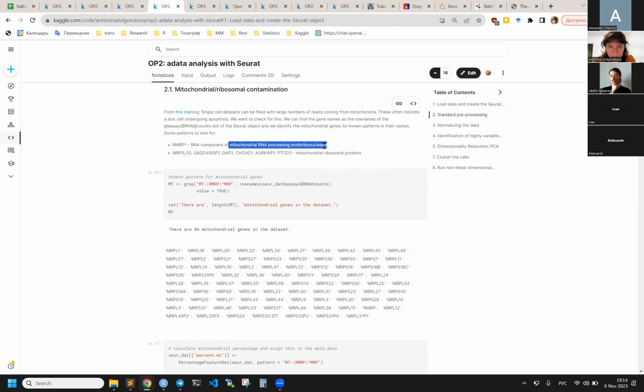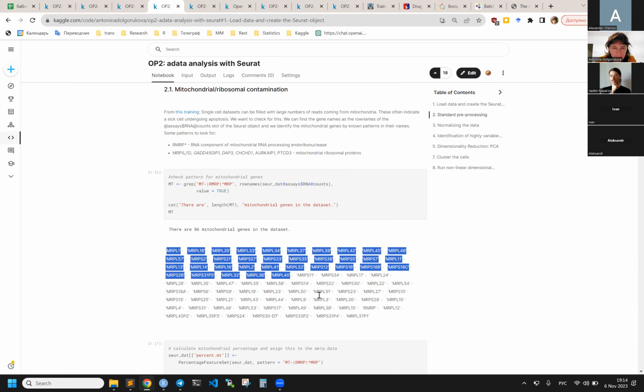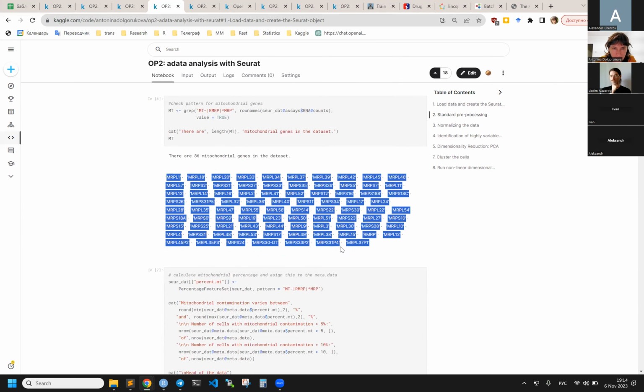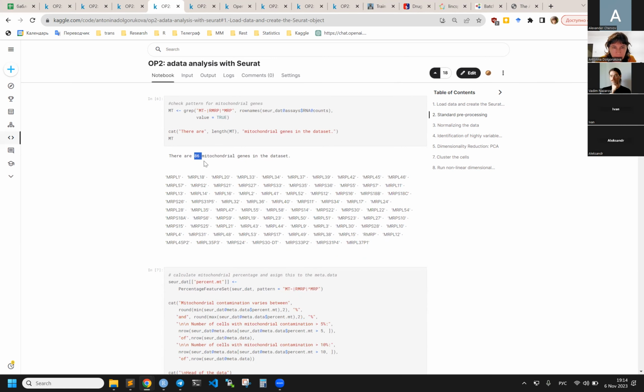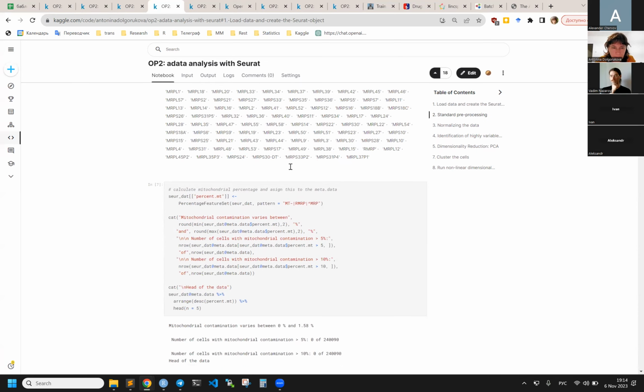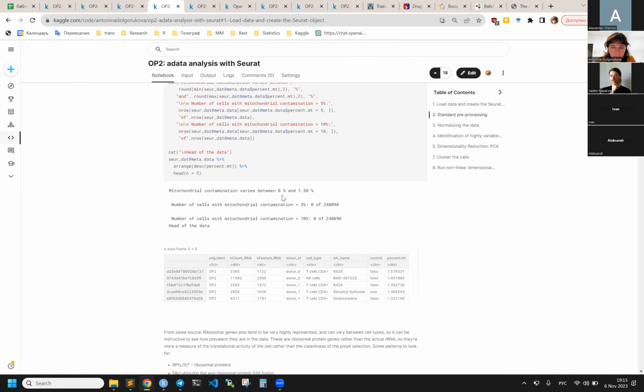I don't know how it's pronounced, sorry. Using these patterns, we can find all genes we have with these names. Not a lot here, like 86 mitochondrial genes in all of that data set. And we can check what the percentage is. And here we see it's really low, from 0 to just 1.5%.